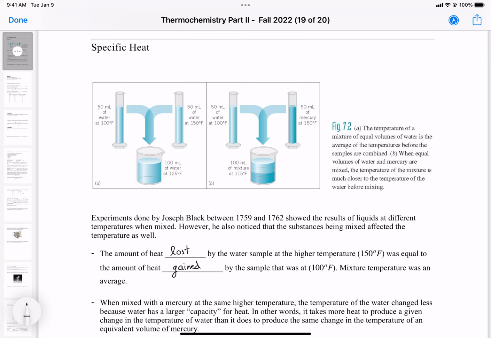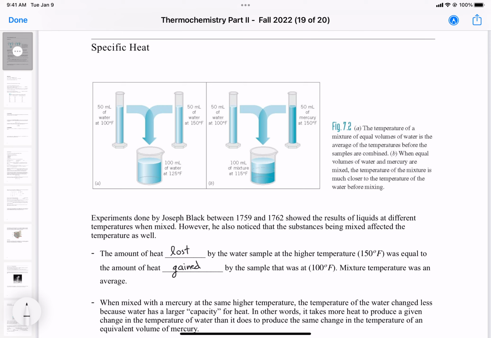But what if we combine water at a lower temperature and now a different substance, mercury, at a higher temperature? Here, we get a temperature value that is 10 degrees less than when both of the substances were water.